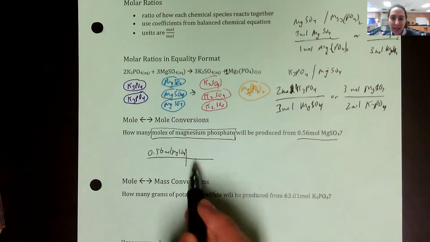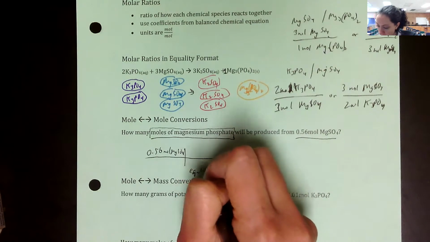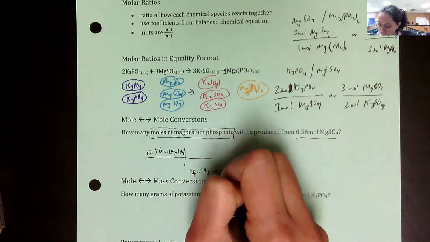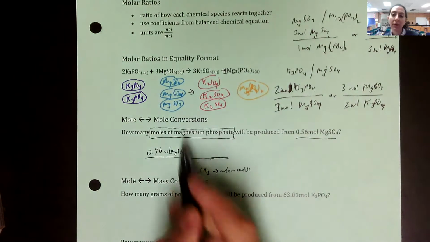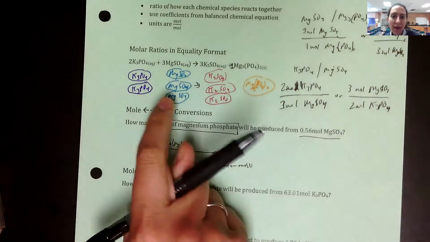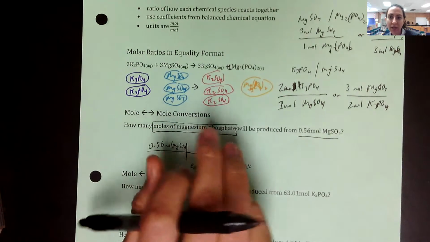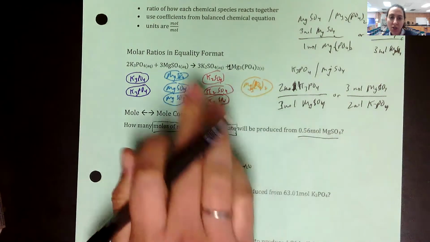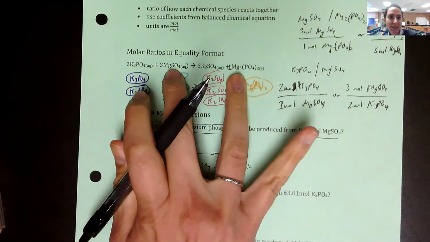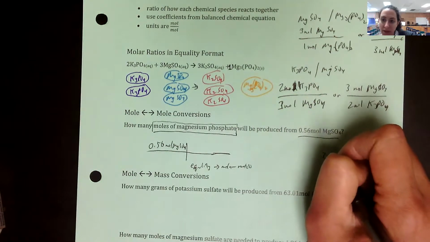The next thing that I'm going to need is an equality. It always goes here. In this case, it's going to be a molar ratio. So I've got to figure out what molar ratio to put in here. Going back to the problem, I'm going to need the connection between magnesium phosphate and magnesium sulfate. Looking up here, it looks like a 3-to-1 ratio. So I'm going to write out the molar ratio off to the side.